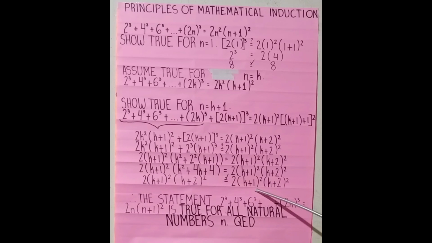So we know from here on out that the two sides of the equation are the same, or they are equivalent. So therefore, the statement 2 cube plus 4 cube plus 6 cube plus ellipsis plus 2n cube is equal to 2n squared times n plus 1 squared is true for all natural numbers n. So that is for the principles of mathematical induction.